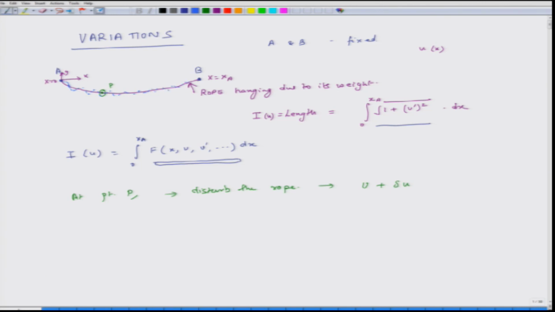Okay. So, this is one variation, this blue line. I can disturb it like this. So, now I have amplified it, right. This could be another disturbance. Okay. So, but the point is that I am disturbing it at a point P where x is fixed, and the nature of this disturbance could be anything.